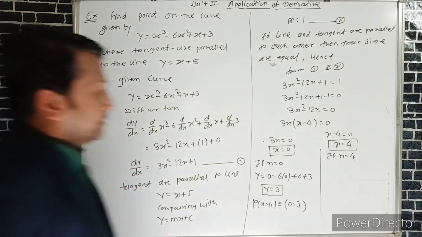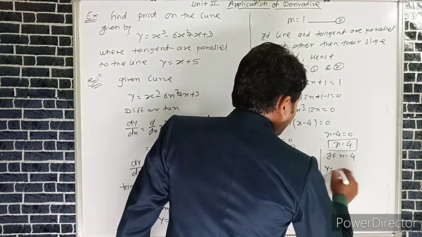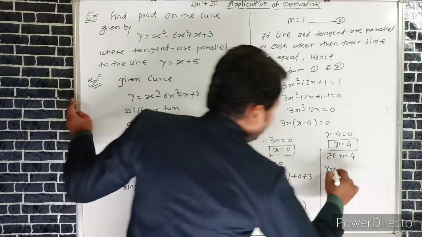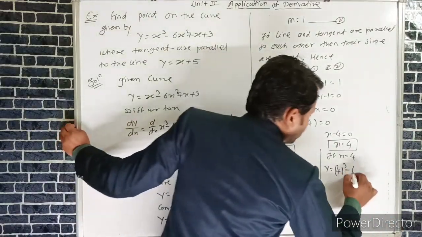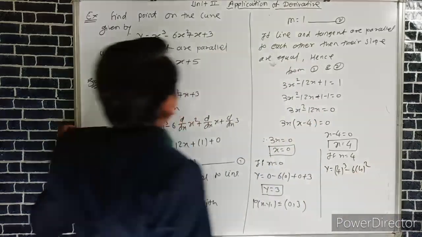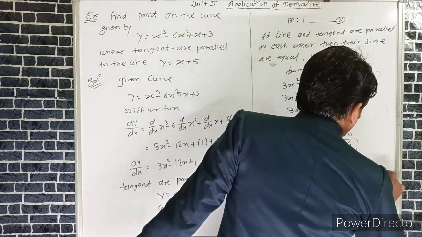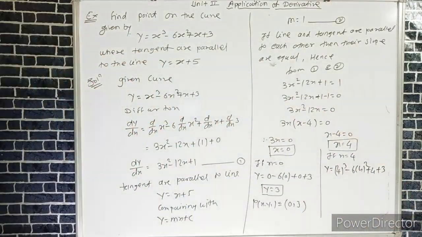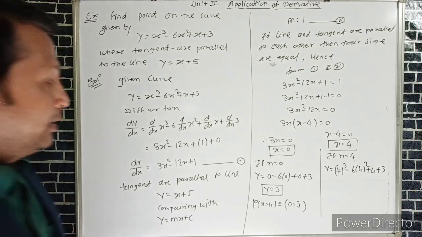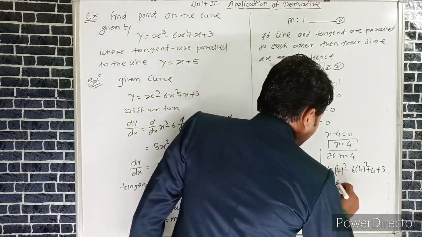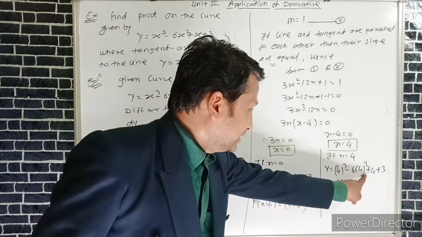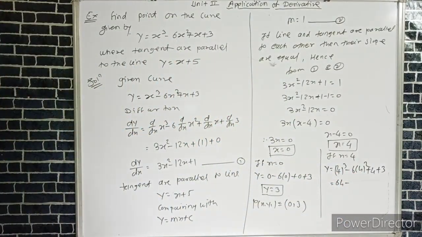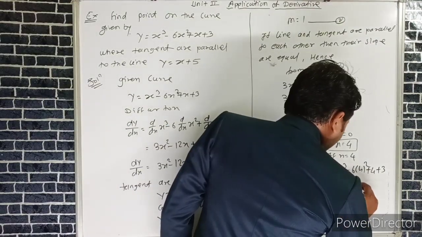So again, if x = 4, we can write y = 4 cube minus 6 into 4 square plus 4 plus 3. We know that the value of 4 cube is 64, and 4 square is 16. 16 into 6 is 96.